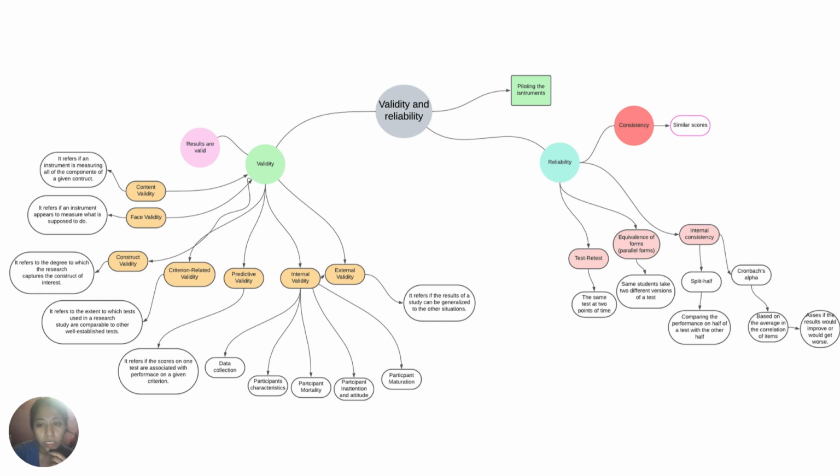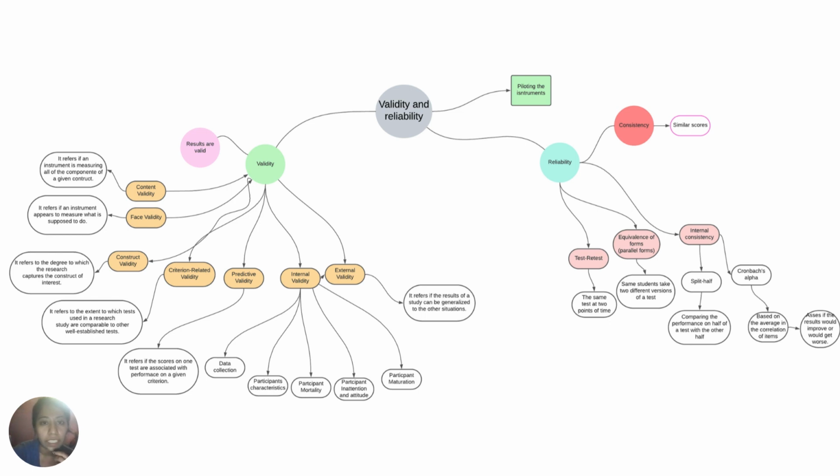We can assess whether the results of the participants in the two cases would improve or get worse.